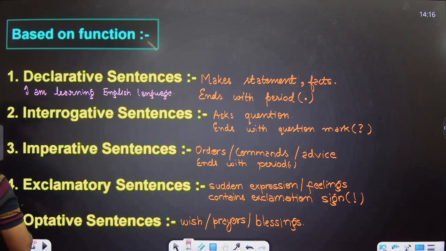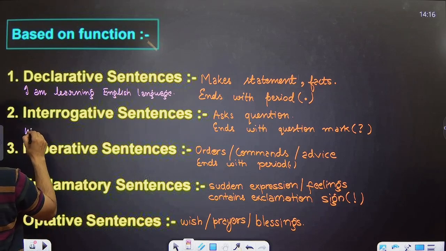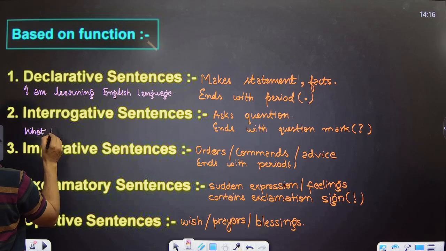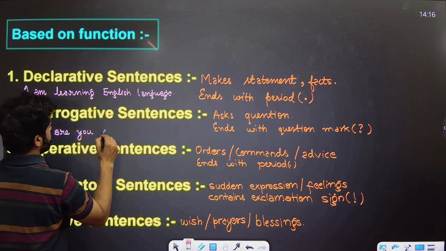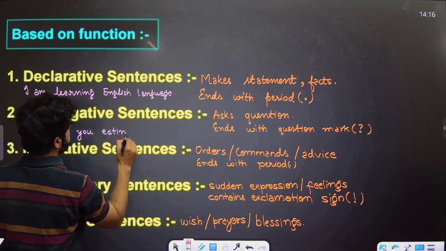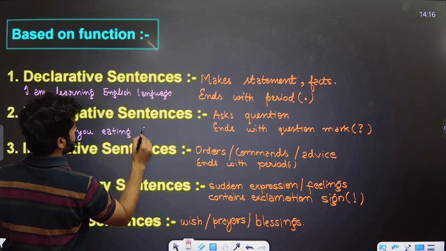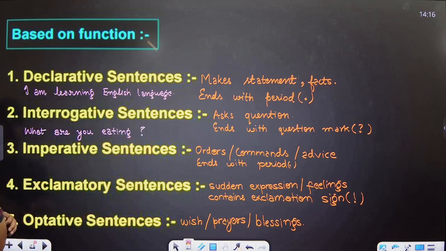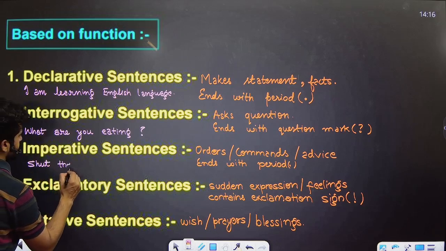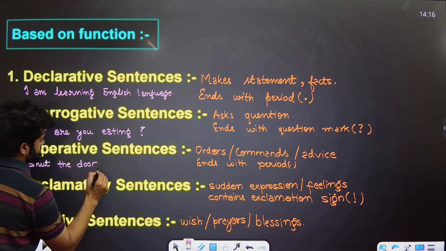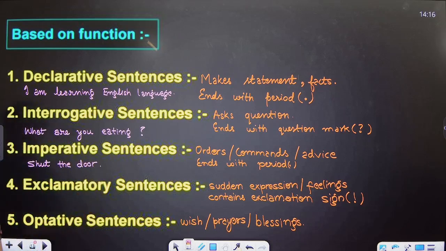Okay, like that. Interrogative sentences. What are you eating? How are you? Okay, they are also interrogative. Imperative sentences. Shut the door. Okay, you is hidden here.